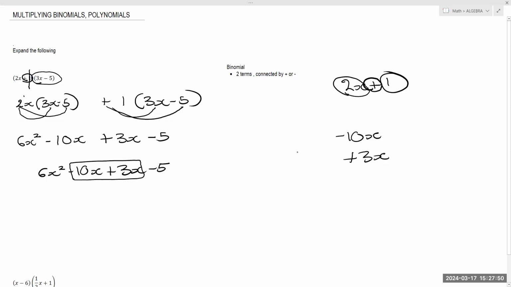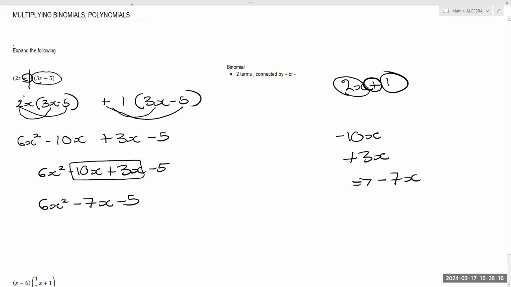How many apples do I owe them now? I owe them 7 apples, so that will be negative 7x. So negative 10x plus 3x will be negative 7x. So we have 6x squared minus 7x minus 5. And just like that, we're able to solve this question.